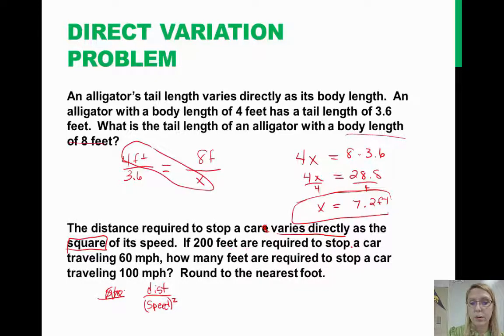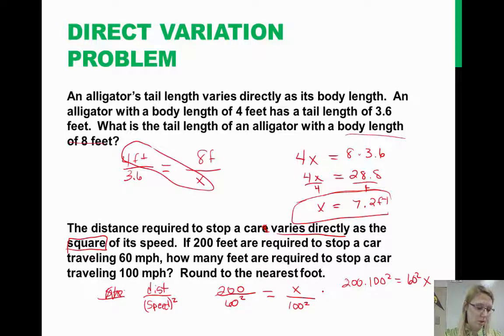So 200 feet are required to stop a car traveling 60 miles per hour. So don't forget to square that part. That's going to be equal to x, because we don't know how far to stop a car going 100 miles per hour. Now we're going to do the same thing that we've done. It's going to be 200 times 100 squared equals 60 squared times x. So 200 times 100 squared is 2 million.